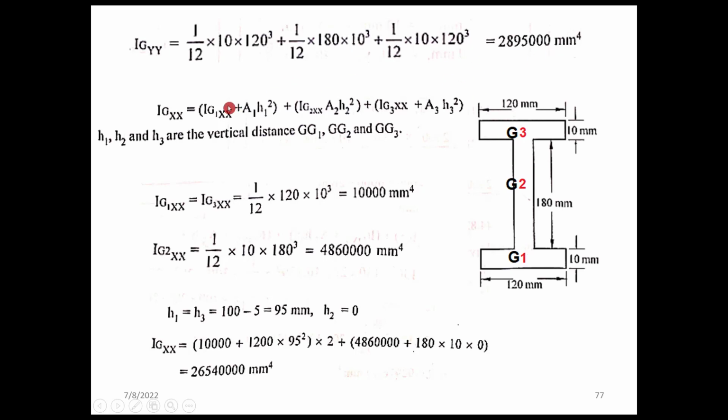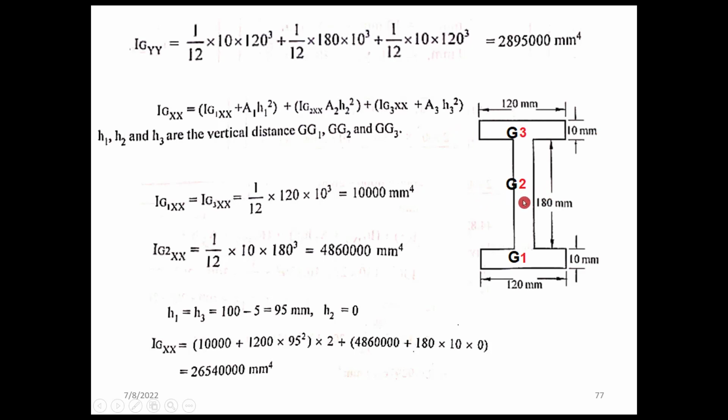So you get this much value. Now, the centroidal axis of these individual figures is the centroidal axis of the entire cross section. That's the main thing. So you don't want to use the parallel axis theorem for shifting the axis.